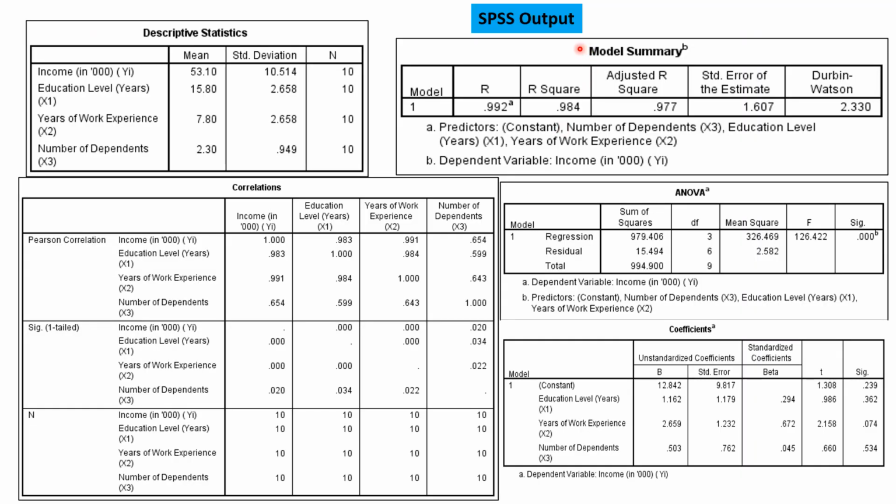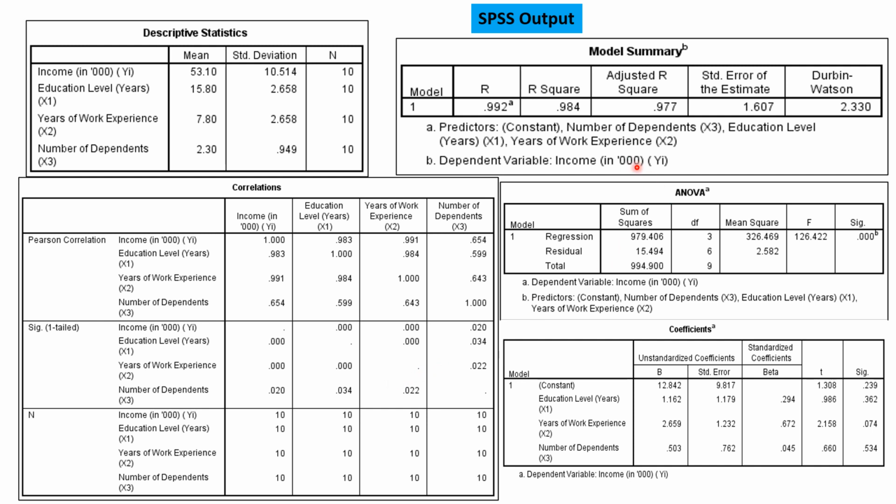This is the SPSS output by performing the analysis on the dataset, and this is the descriptive statistics. This is the correlation matrix table, and you will find the education level x1 with y is 0.983, years of experience x2 as 0.991, and number of dependents 0.654, and these are the results.